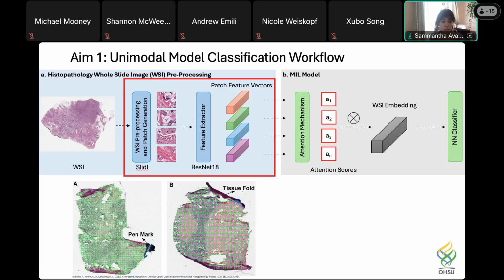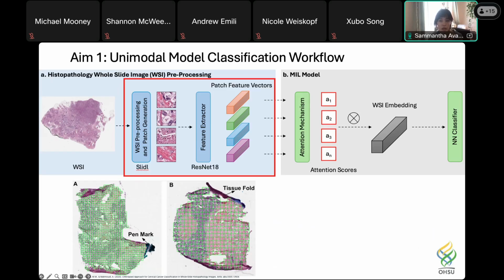In addition to this, given the large size of our whole slide images, we need to divide these images into smaller patches to increase our model efficiency, as well as really be able to pinpoint which specific tissue regions we need to classify our basal and luminal subtypes.